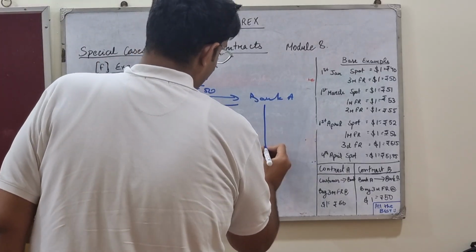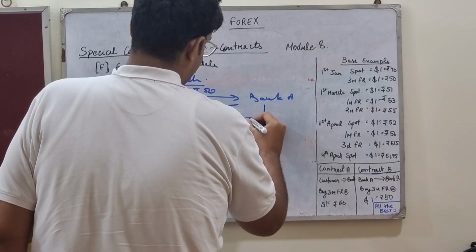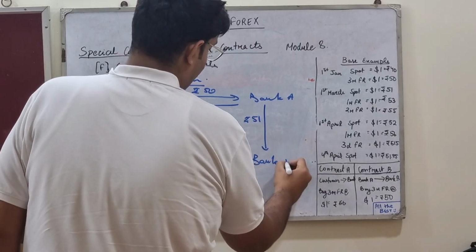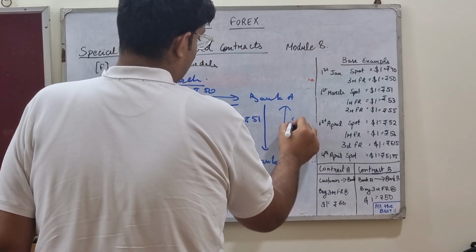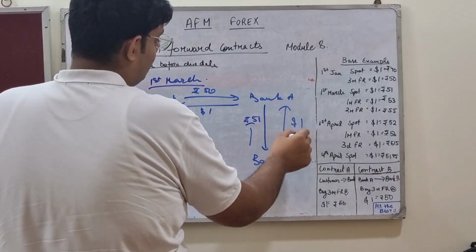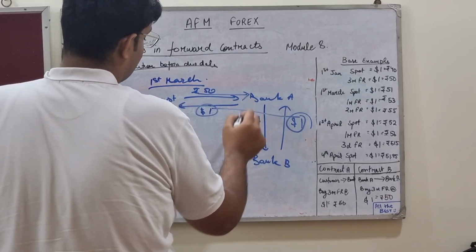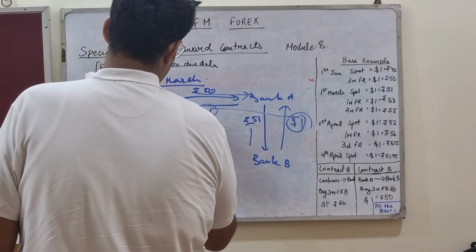Now bank B will take rupees 51 from bank A and then give bank A $1. So basically bank A gives 51 rupees to bank B, takes $1, gives this dollar to the customer and takes 50 rupees. So it has a loss.